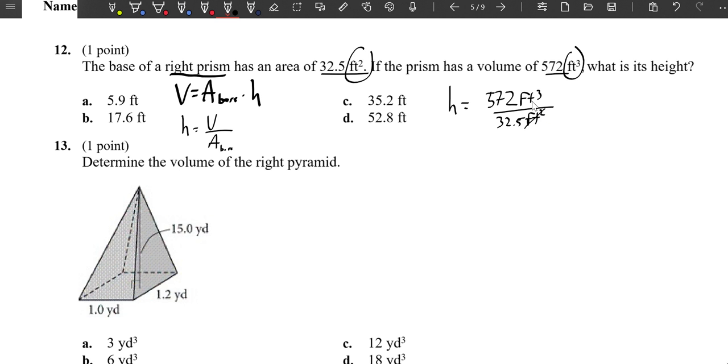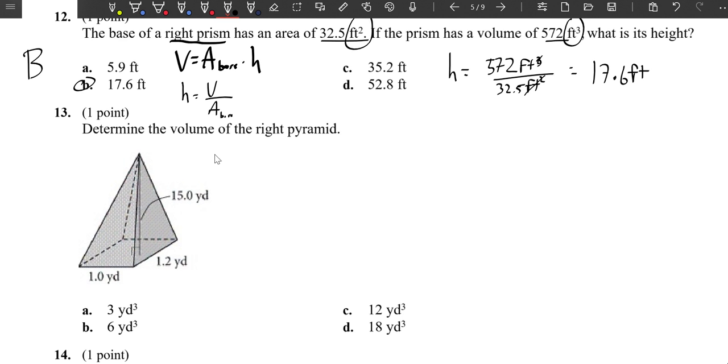Two of those cancel out, and we're left with just 1 foot unit, and 572 over 32.5 is 17.6. So we would shoot right there, B, 17.6.